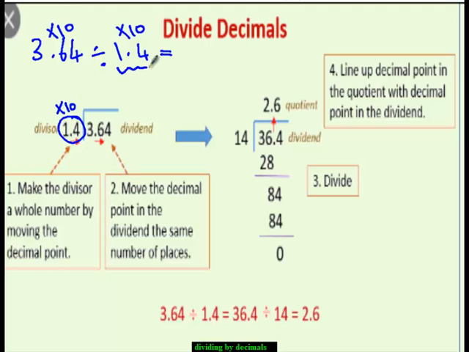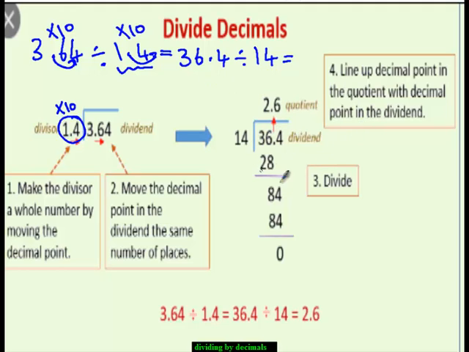First of all, I have to look at the divisor. The decimal will go one step to the right here and one step to the right here. So the number will be 36.4 divided by 14.